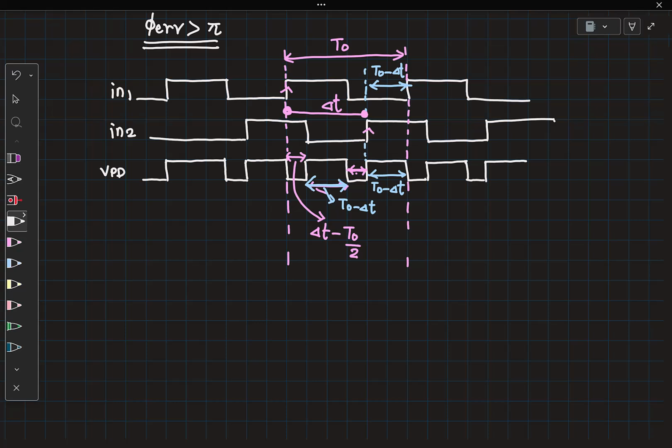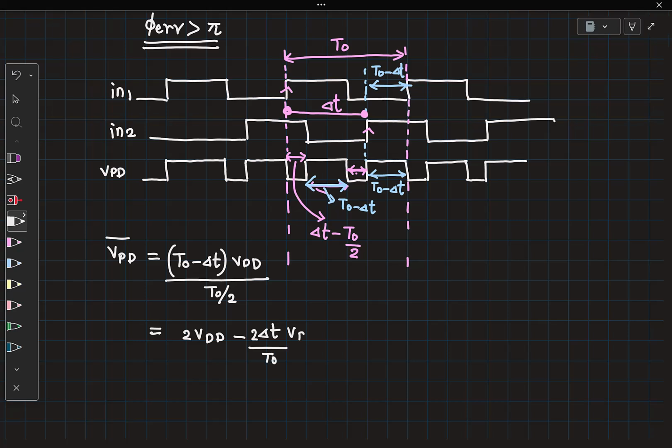So now my VPD average is equal to, for the duration of t naught minus delta t, this is equal to VDD. It's 0 for the remaining duration, divided by t naught by 2. So I'll have 2 times VDD minus 2 delta t by t naught into VDD.